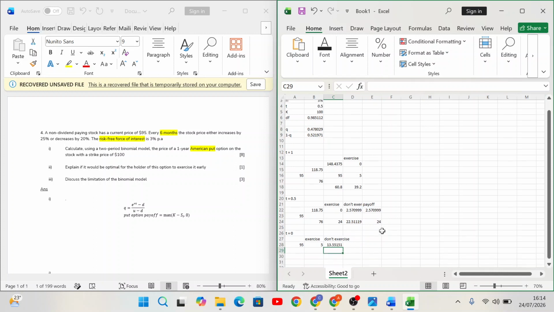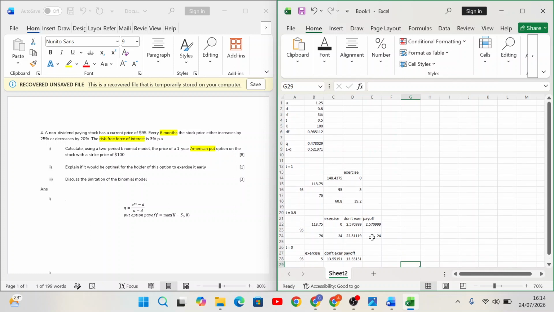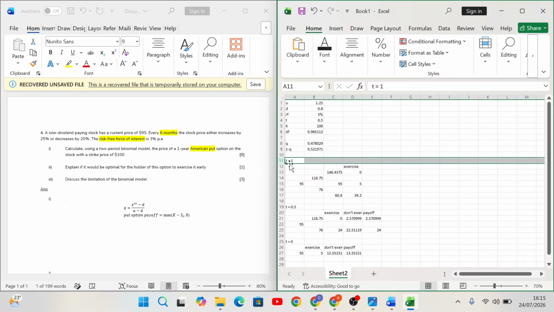We get that if we do not exercise, the value of our option is 13.5. And of course, we are looking to maximize our payoff, so it's the maximum of if we exercise or do not exercise. And with that, we get our answer is 13.55, and with that we are able to calculate and finish question number 1.